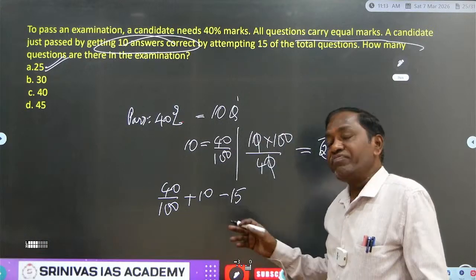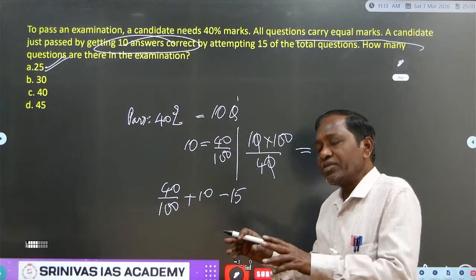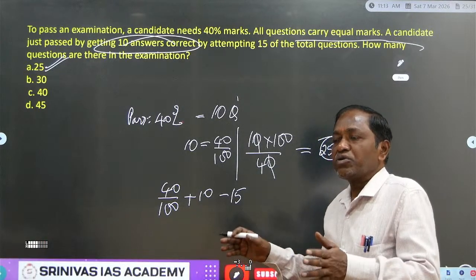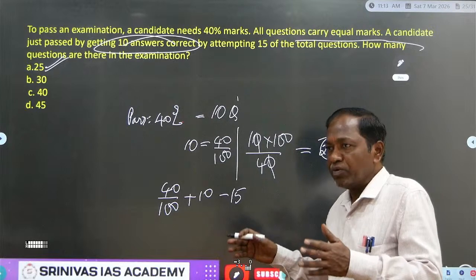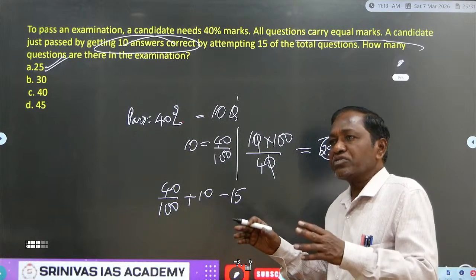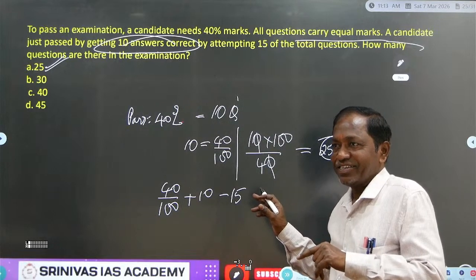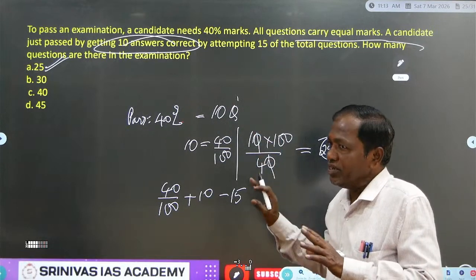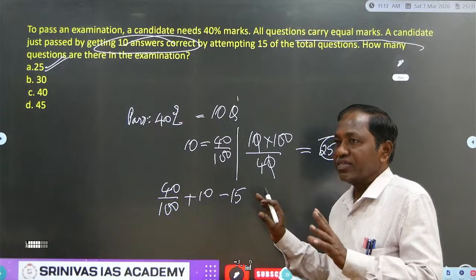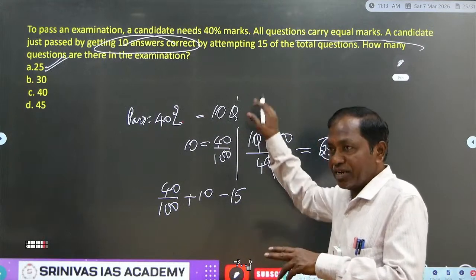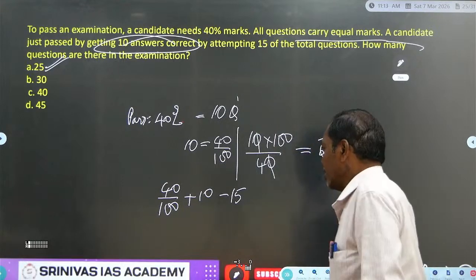If negative marking is given, they will say wrong answers lose 2 marks and correct answers give 5 marks, like that. That information is required. Because no information is given about the marks here, you cannot ask. If that is asked, then those numbers are required. Yes, next.